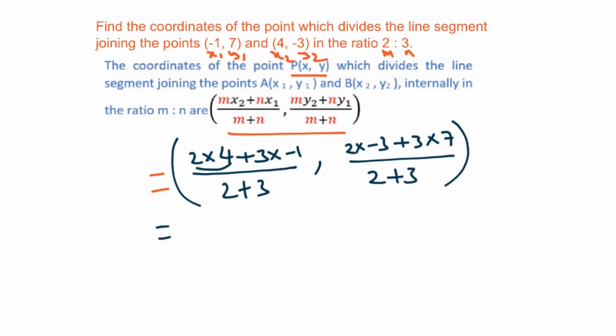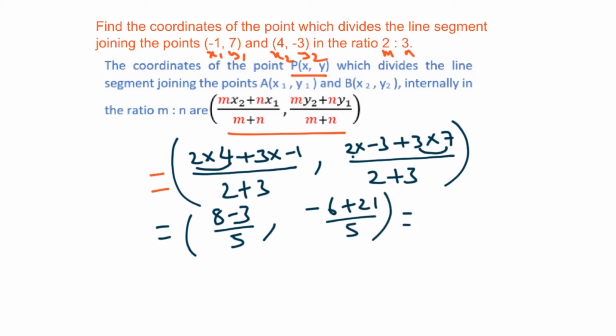2 times 4 is 8. 8 minus 3 divided by 2 plus 3 is 5. Now 2 times -3 is -6. 3 times 7 is 21, divided by 5. So this can be written as 8 minus 3 is 5 divided by 5, and -6 plus 21 is 15 divided by 5.